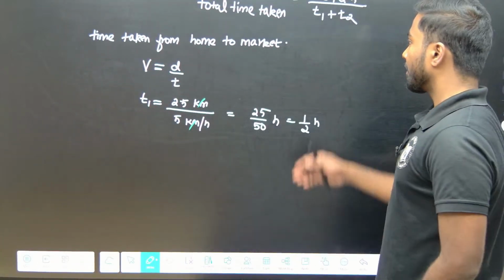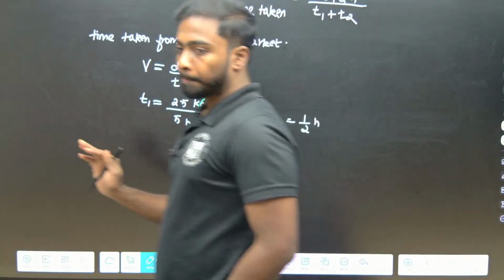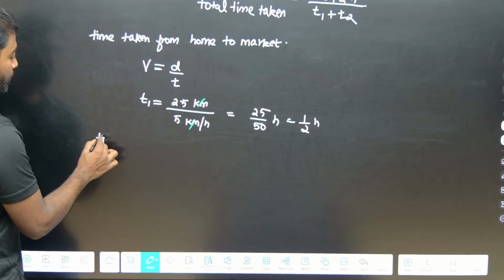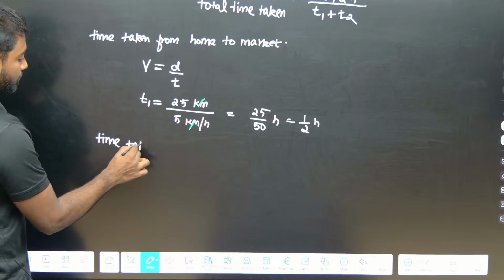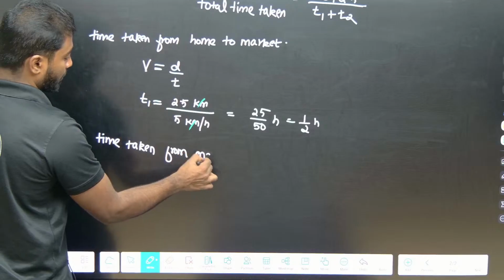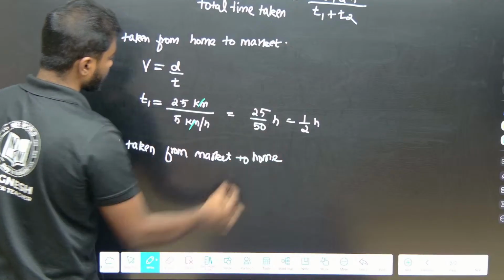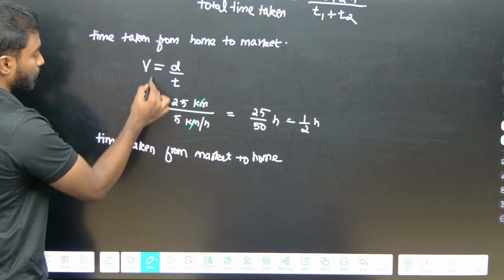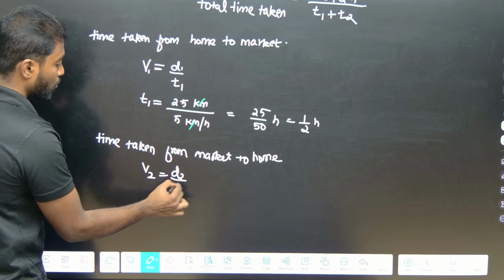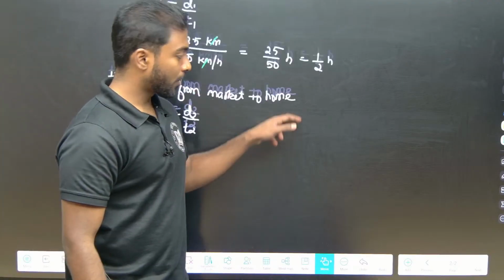So we will find everything in kilometer per hour. Next, the time taken from market to home. V1 equals D1 by T1, V2 equals D2 by T2, where D1 and D2 are the same because it is the same distance.